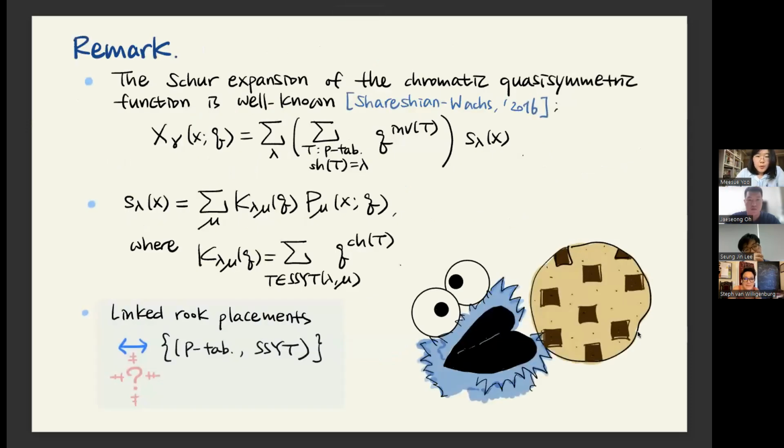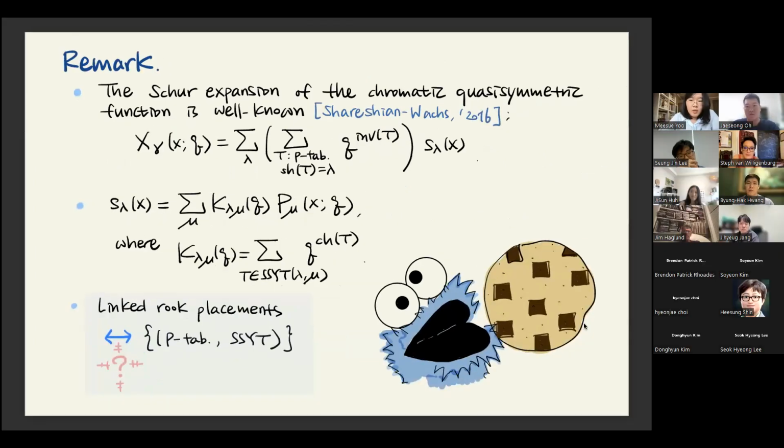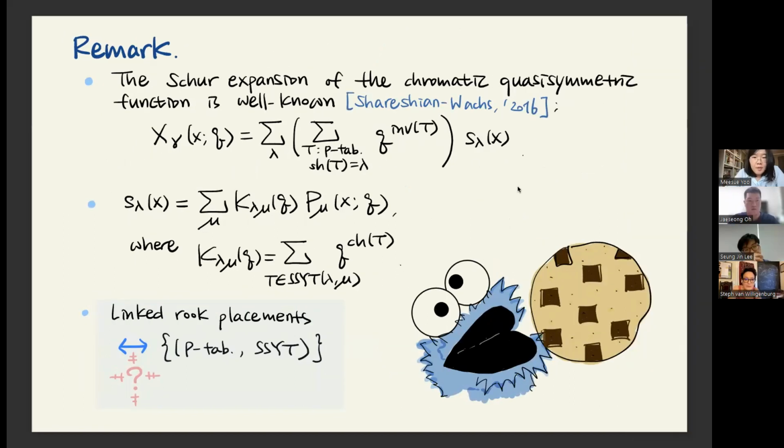Now I'm going to finish my talk with some remarks. The thing is, the Schur expansion of the chromatic quasisymmetric function was already known by Shareshian and Wachs. And the Schur expansion can be computed over the P-tableaux. So we already know how to expand the chromatic quasisymmetric function in terms of the Schur functions.